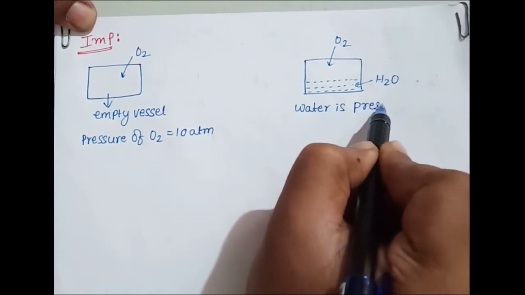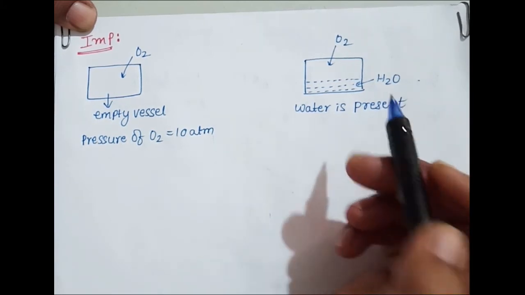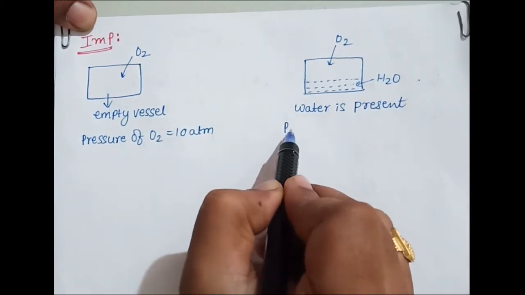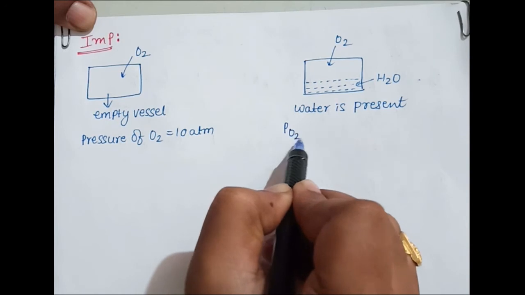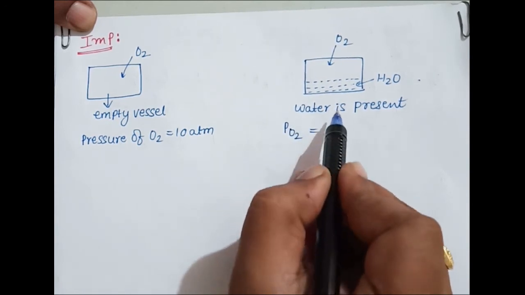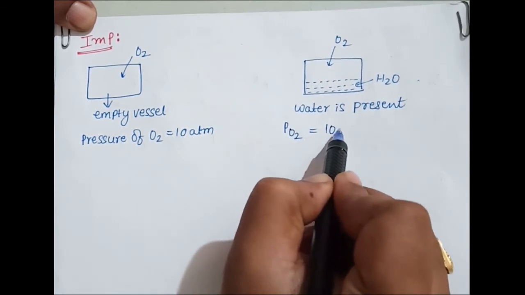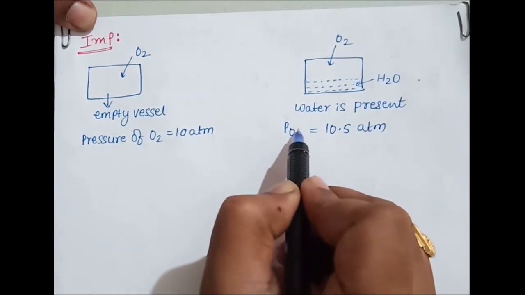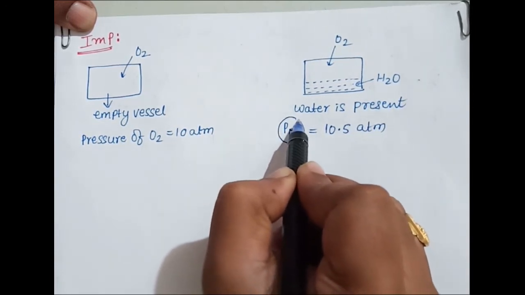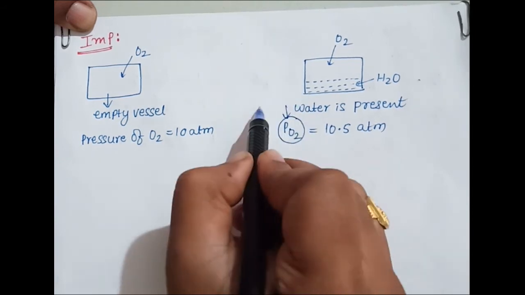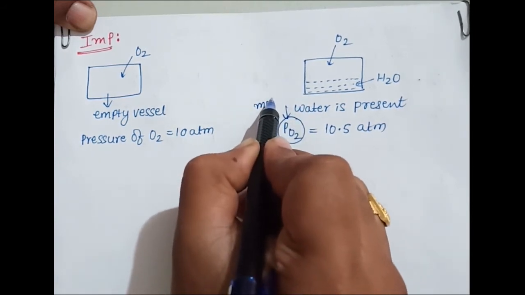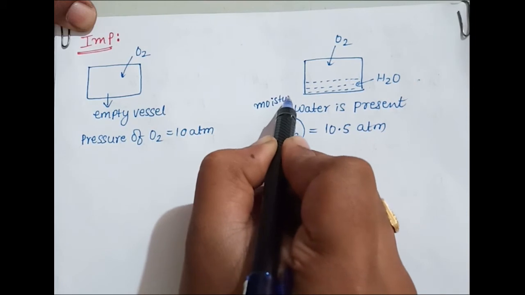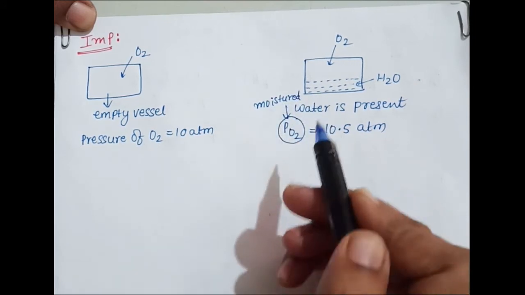Understand? Now in this case the pressure of O2 gas won't be 10 atm, let us say it is 10.5 atm. This is called moist O2 gas, because it is moistened with water.